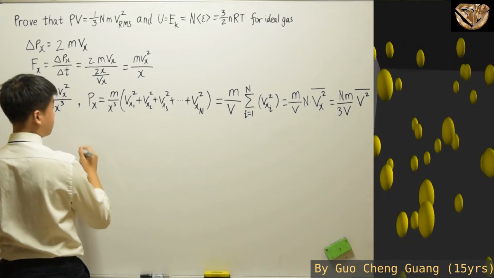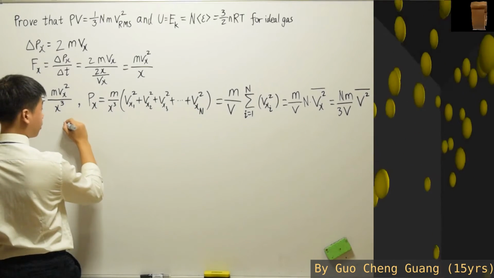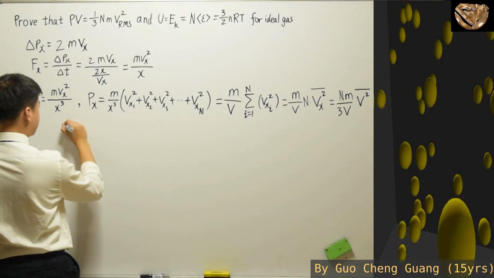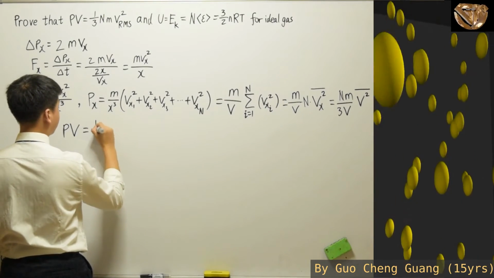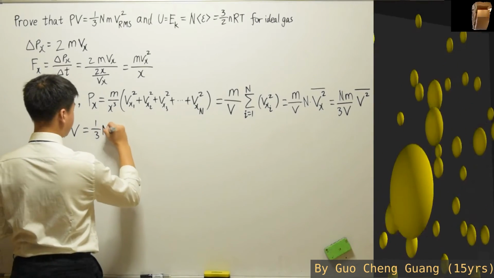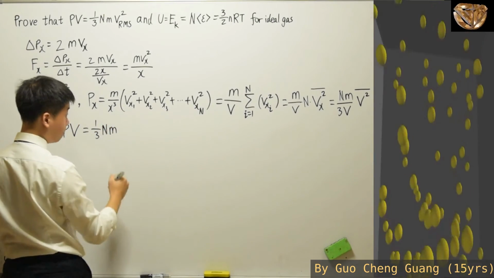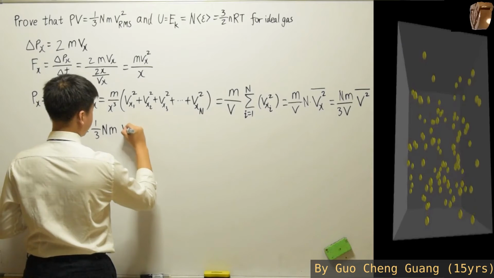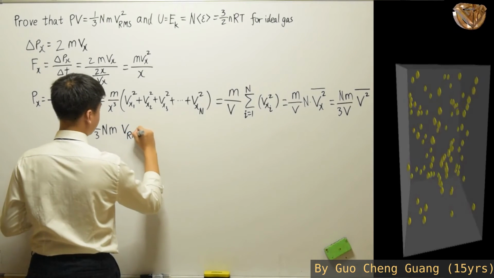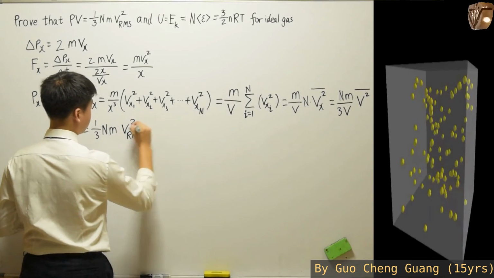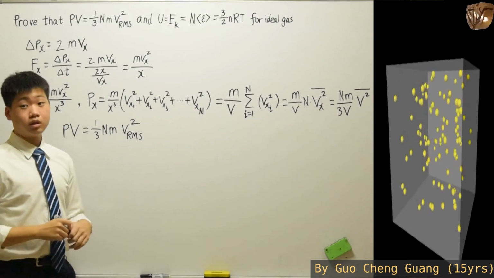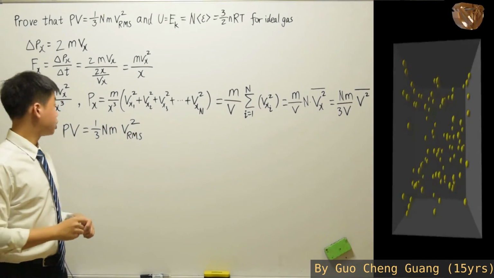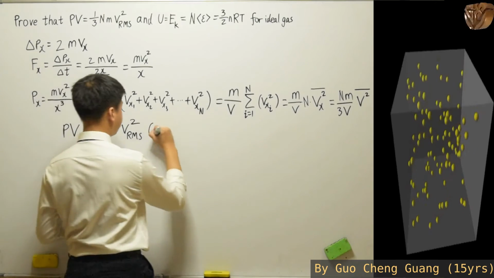That gives you, so you will be seeing PV, which is equal to 1 over 3, and then M and N. So this is actually V root mean square squared, right? So if you can see that. Alright, so this is pretty much what you would have for the first half.